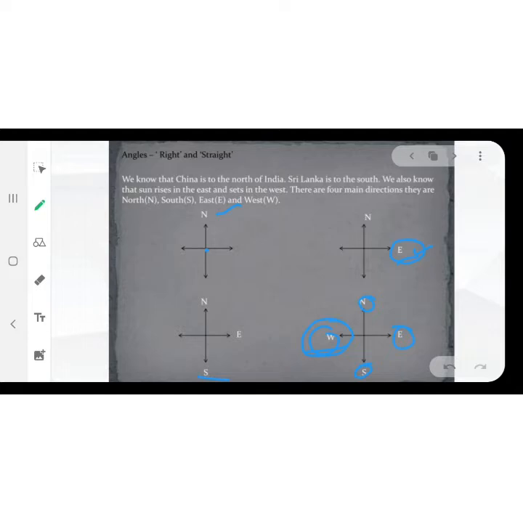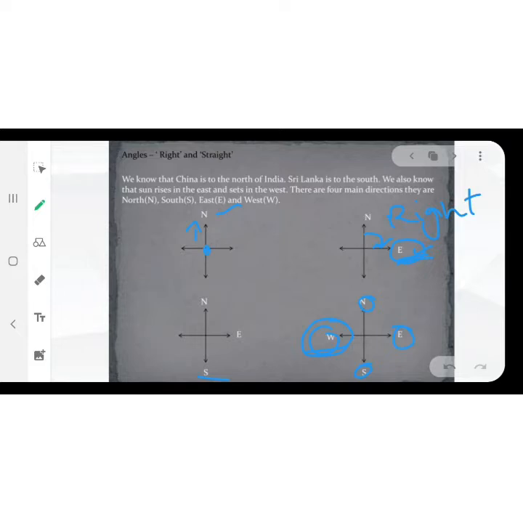One thing you can notice over here is, if you stand on this center point facing towards north, meaning your face is towards north, and I wish to move from north to east, in which direction am I moving? I am moving in the right direction, on my right hand side. So I will reach the eastern side.